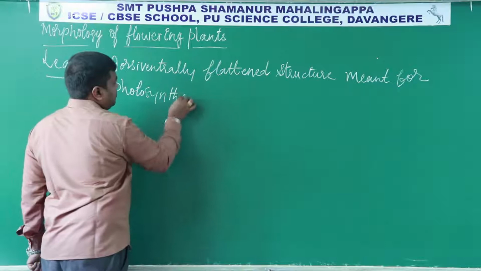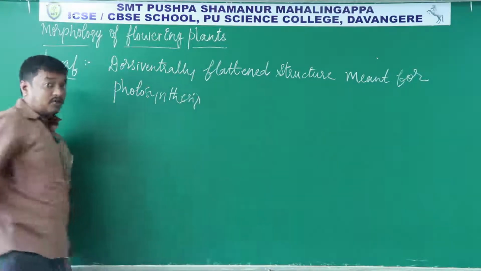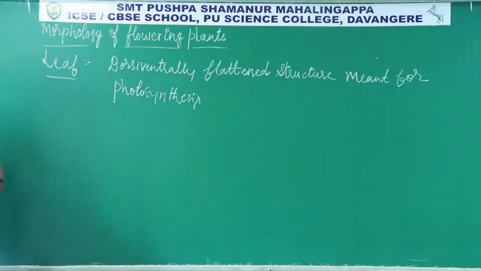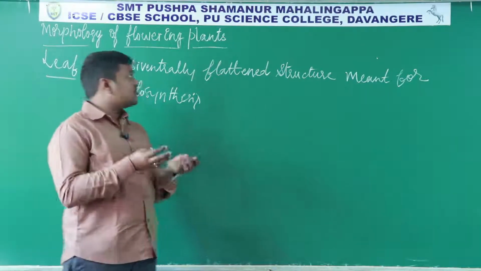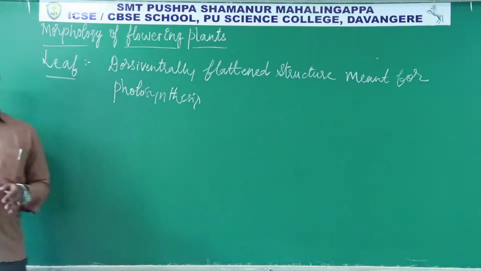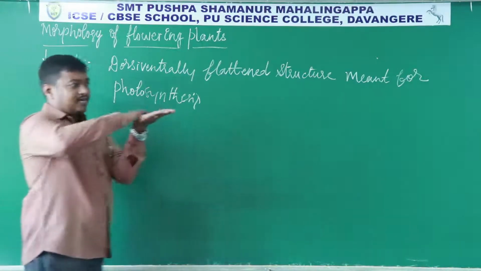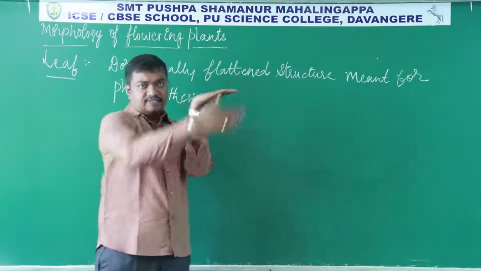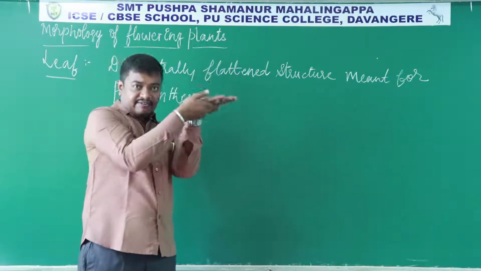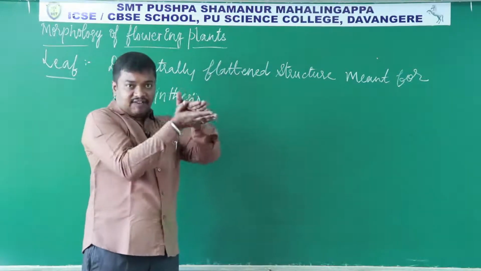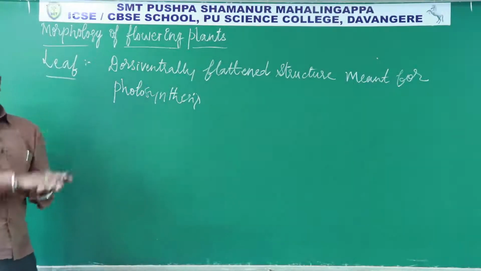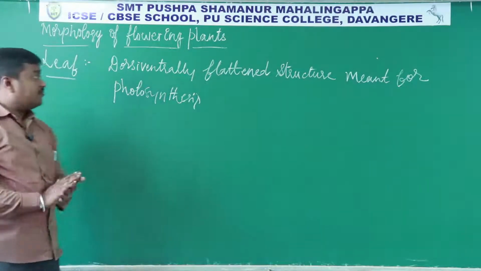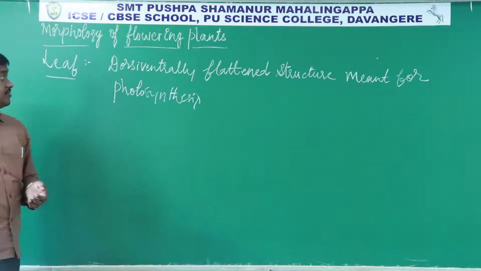It is a specific vegetative organ meant for photosynthesis, and that's why it is dorsiventrally flattened. So what is a dorsiventrally flattened structure? It is like this. There is a dorsal side and a ventral side. A structure flat on the dorsal and ventral sides, flat like paper, is called a dorsiventrally flattened structure. So leaf is a dorsiventrally flattened structure.